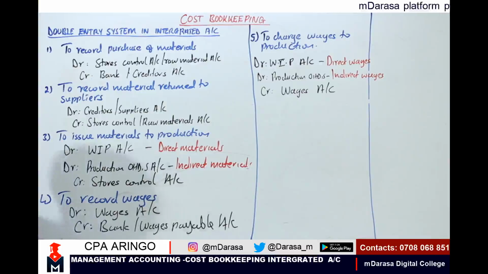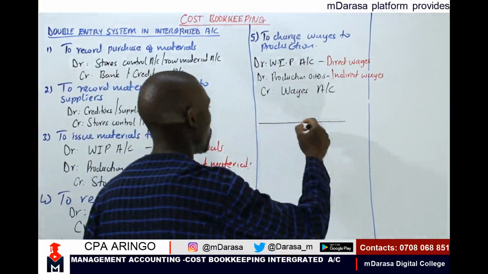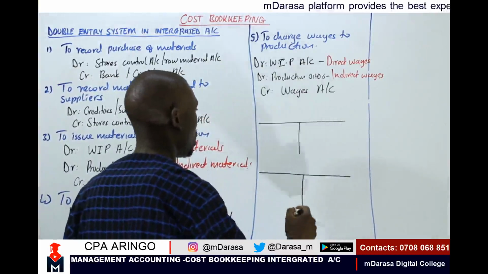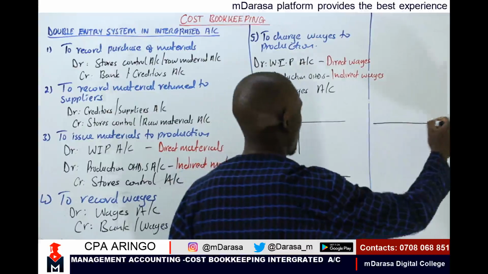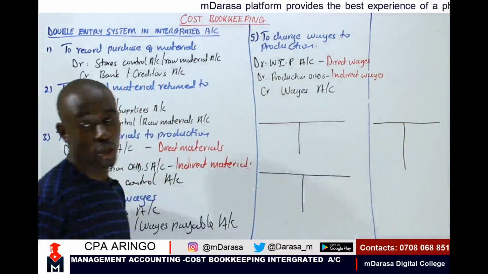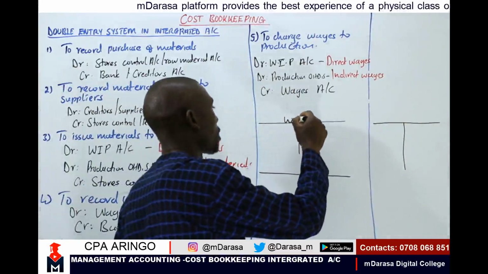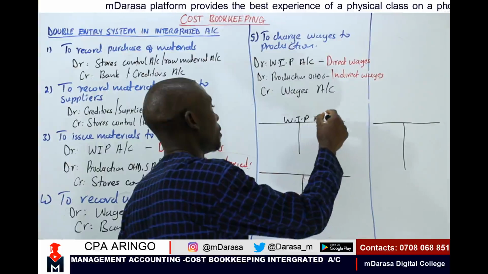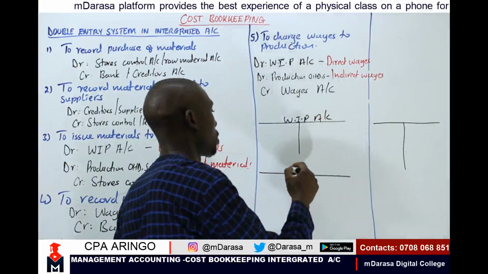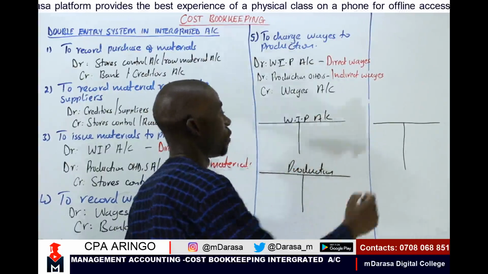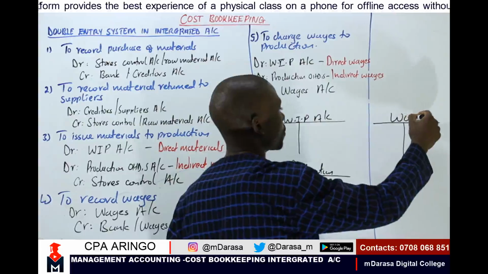Meaning that always, whenever you're looking at this double entry, I'm having the 3 accounts here. So talk of the 3 accounts being, number 1, our work in progress account. Talk of our production overheads account. Talk of our wages account.